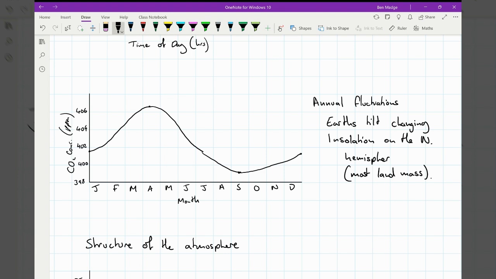So we have respiration actually increasing because of decomposition over the winter of things like leaf fall. So respiration is greater than photosynthesis.